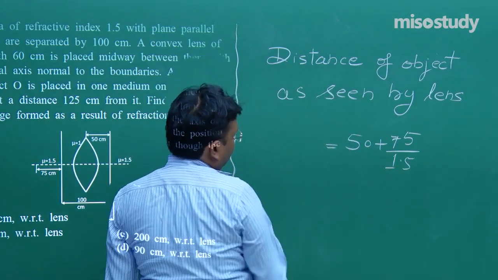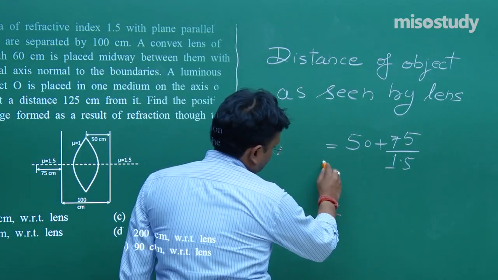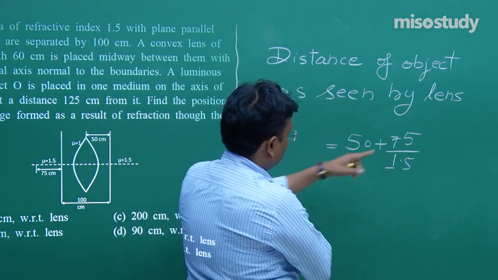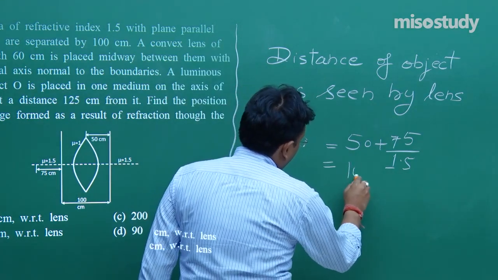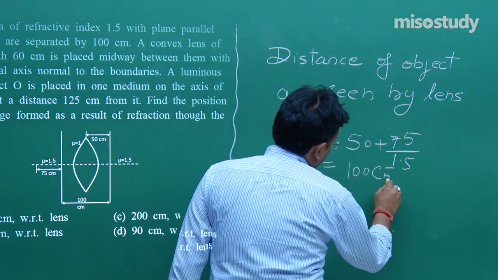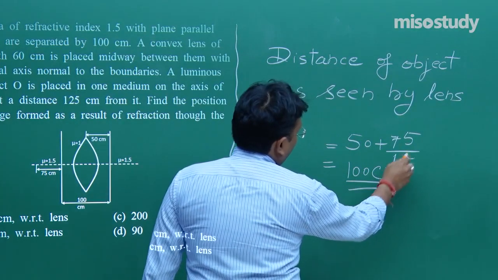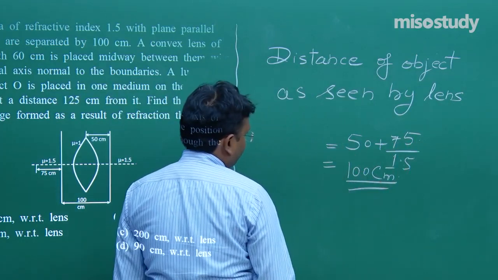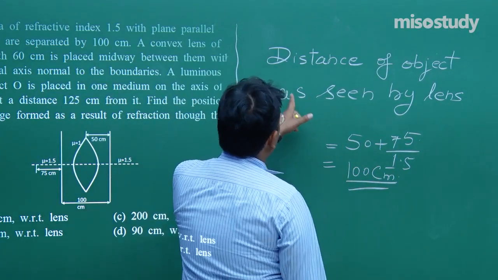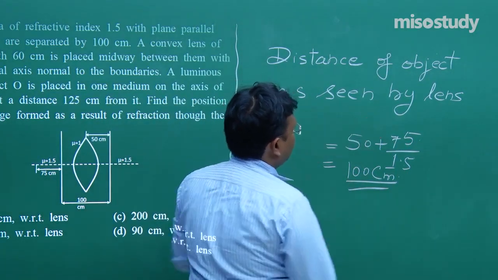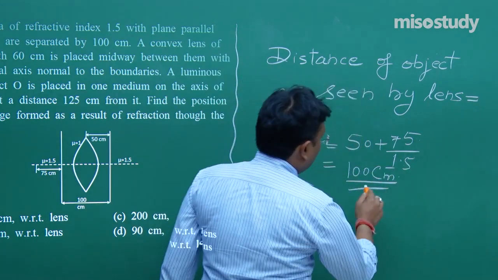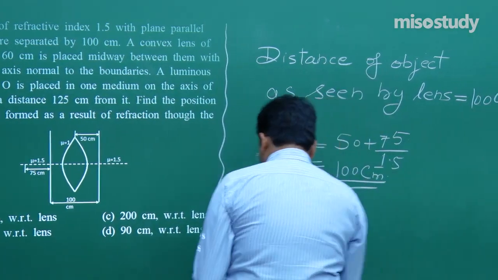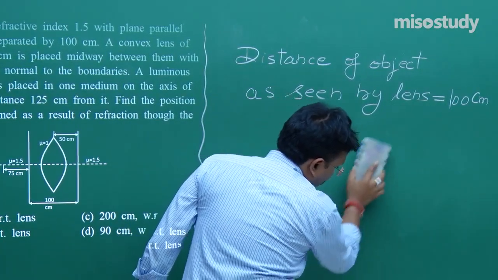So, ultimately how much will you get? You will get 100 centimeters. Fine. 1.5, so 0, so 15, 5s are 75 and that 0. So, this distance of object as seen by lens is equal to 100 centimeter. Just we calculated. Now, remove this portion.